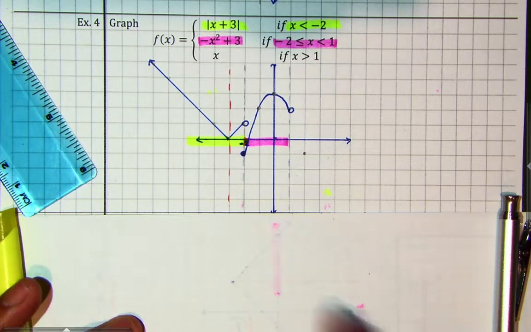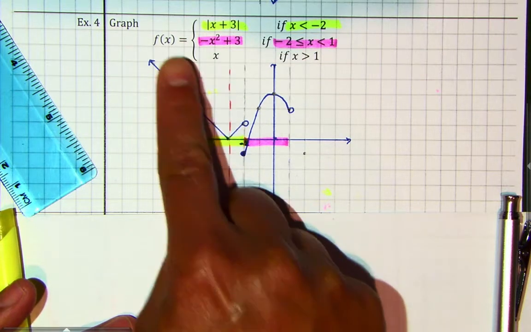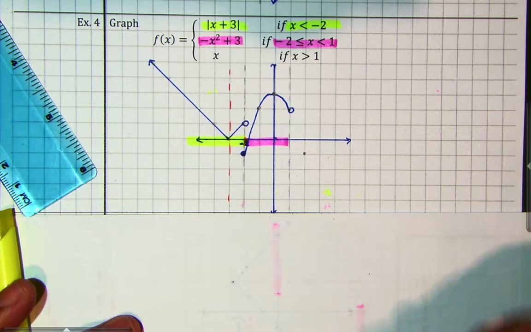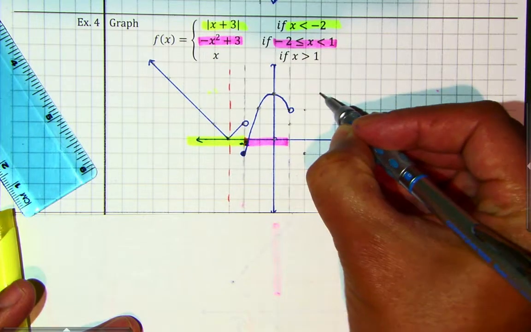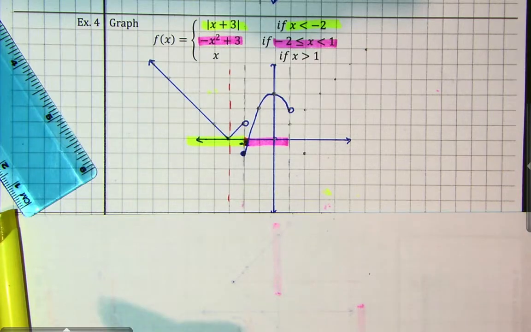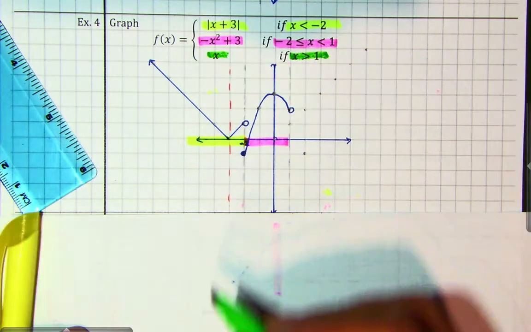And the last one is x. What type of graph is x? So y equals x. That is your parent graph for a line. So the intercept is 0, slope is 1. And for that graph, we are using only the domain when x is greater than 1.